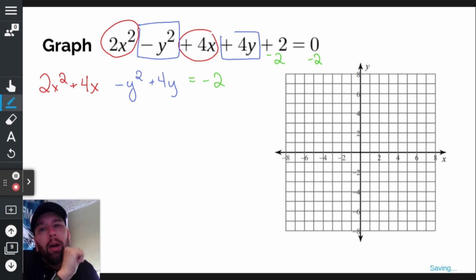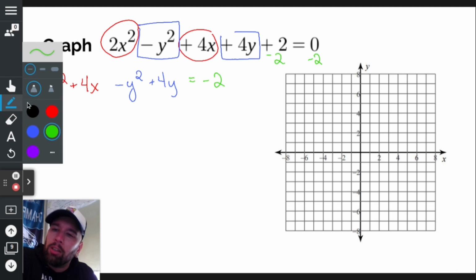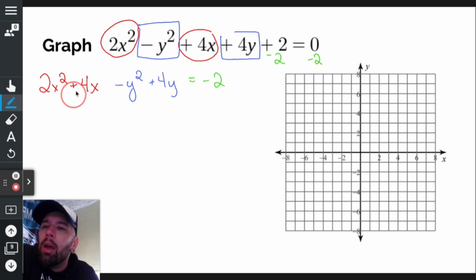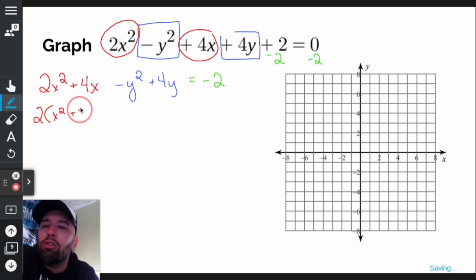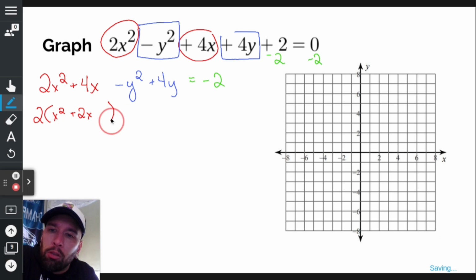That's step 1. Step number 2, into making this look like a fraction plus or minus a fraction equals 1, is we're going to factor out every number that we can out of each group. So I'm going to factor out a 2. That leaves me with x squared plus 2x. Leave some space.